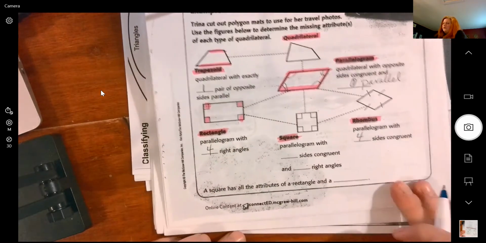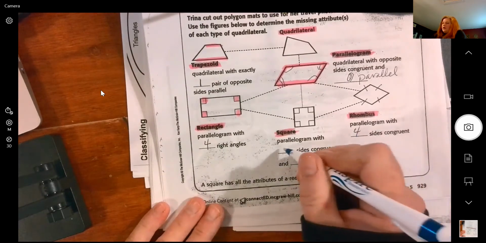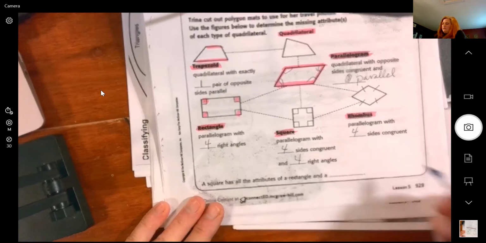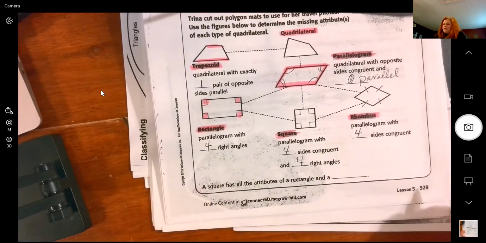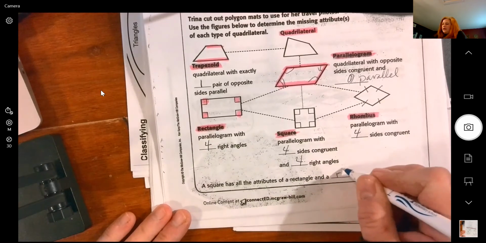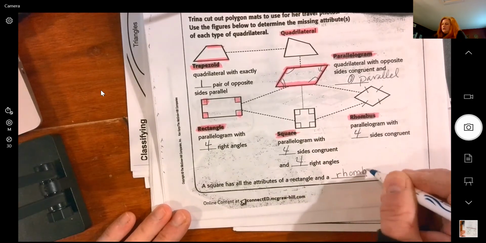So a square is a parallelogram that has 4 sides that are congruent and 4 right angles. So a square has all the attributes of a rectangle and a rhombus.